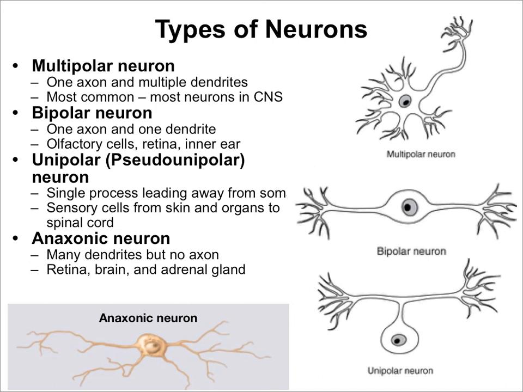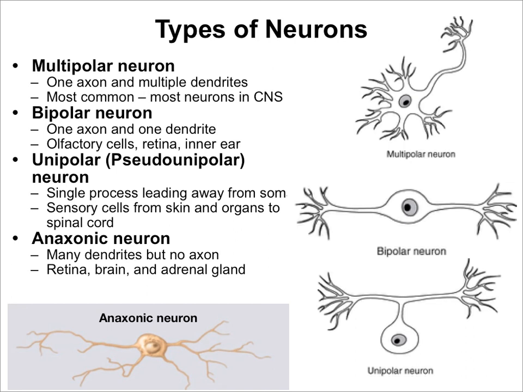There are a few other places where they can be found, such as the retina and the adrenal gland, but most of them are going to be in the central nervous system, and they sort of glue signals together. They play an interesting role in signal propagation and signal spread, but not one that we are unfortunately going to be able to get into in depth.